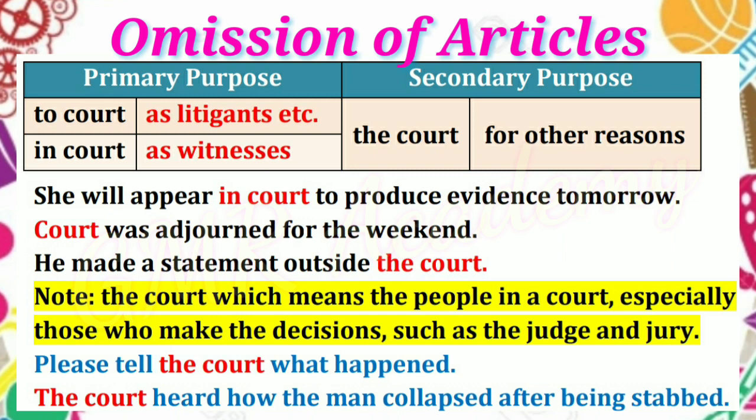So court was adjourned is the primary purpose, doing something in court officially for the weekend. Next example: he made a statement outside the court. Here, it means not in the court, so it is not for the primary purpose. It is a secondary purpose, so we should use the definite article "the".